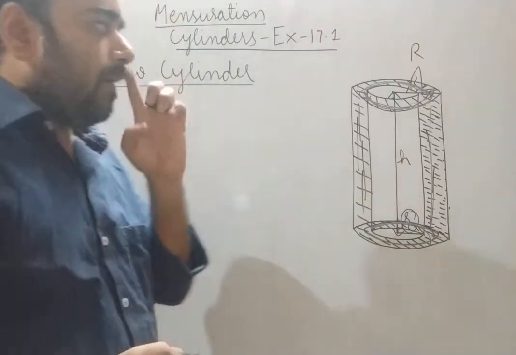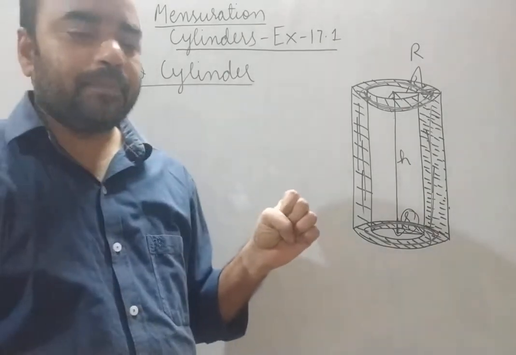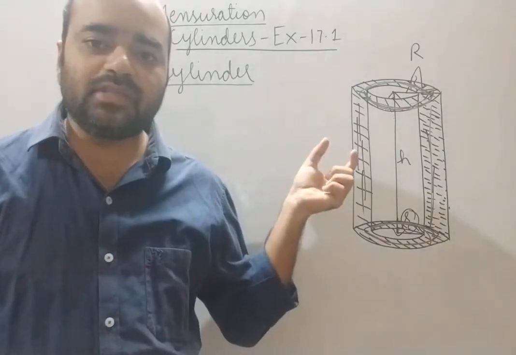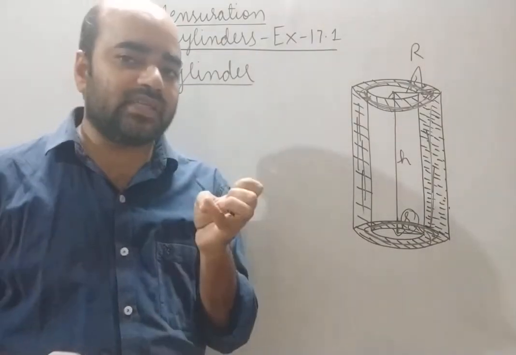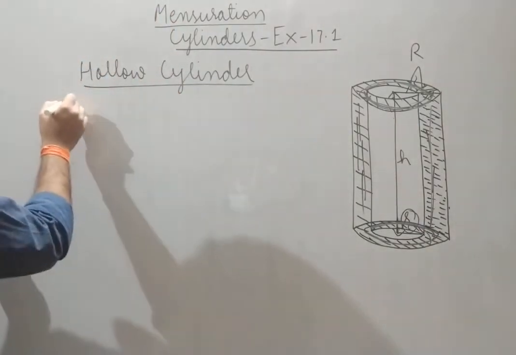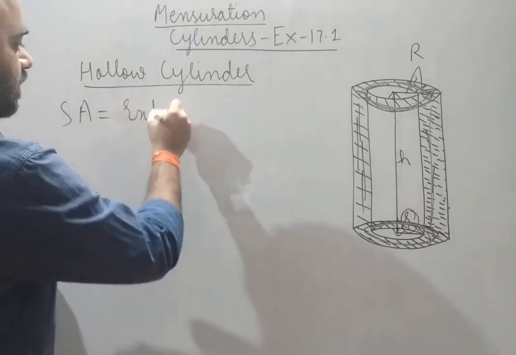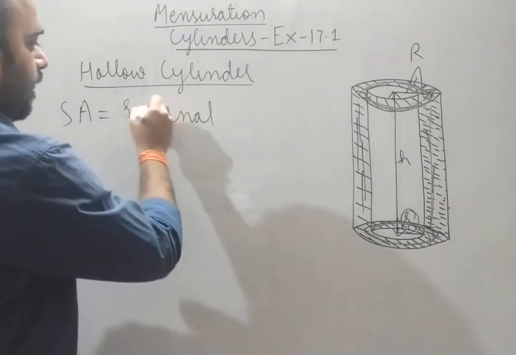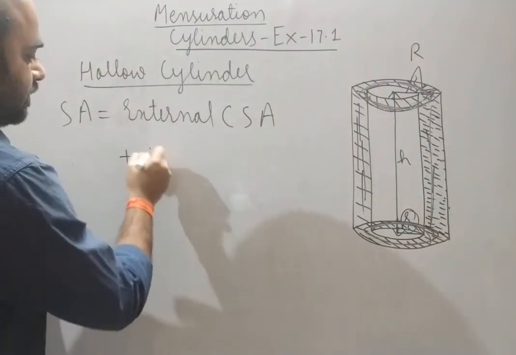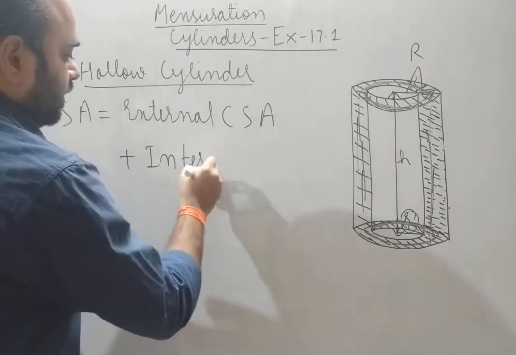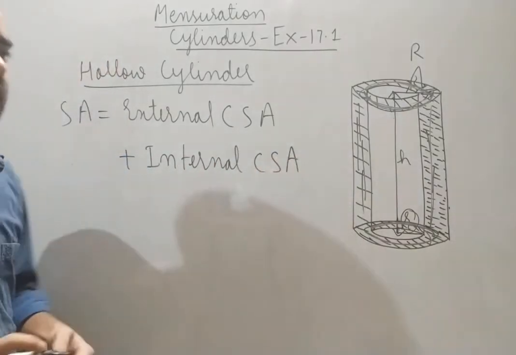So we are going to calculate some quantities. First of all, we will calculate the surface area, meaning the total surface area. The total surface area includes the external curved surface area plus the internal curved surface area, correct?